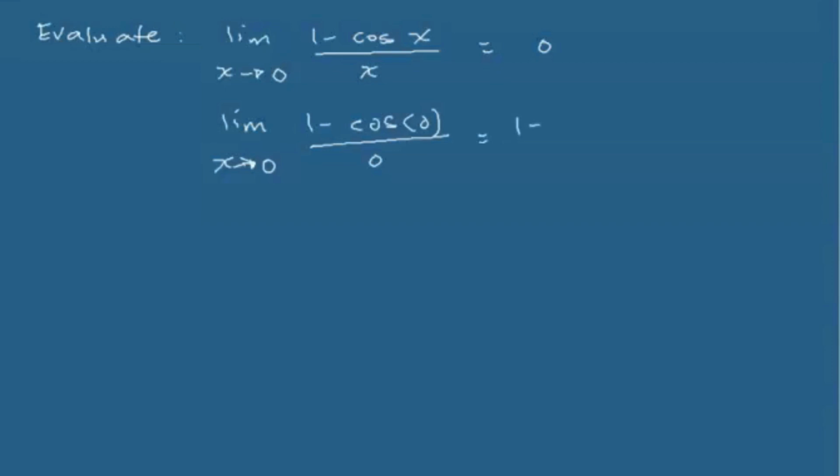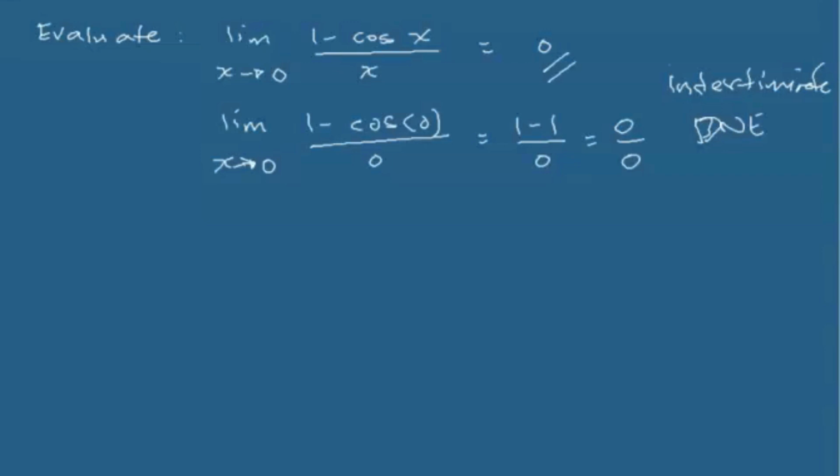So this will be 1 minus 1 over 0. So we'll get again 0 over 0. So this is indeterminate, and therefore the limit does not exist. The reason this is one of the special trig limits is because even if it's indeterminate and it does not exist, there is actually a value, and that is equal to 0.